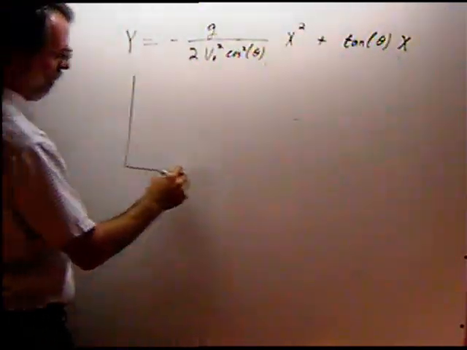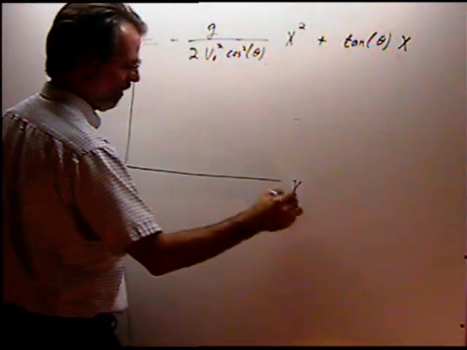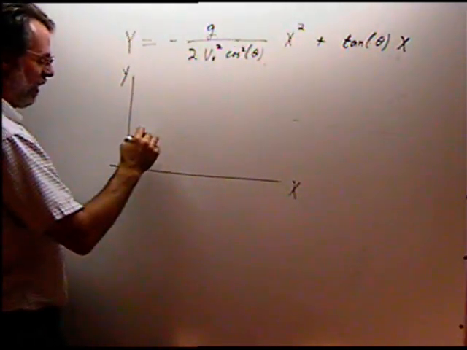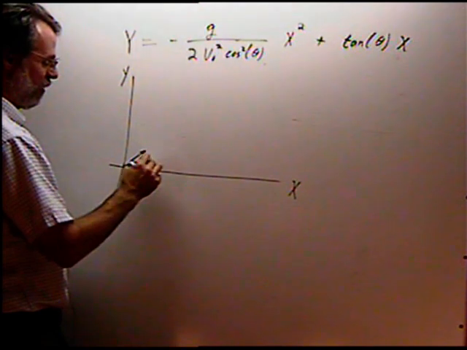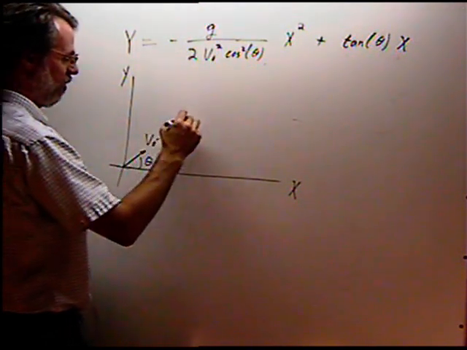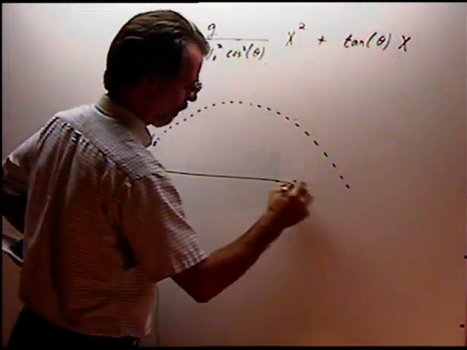If we start at the origin, this is x, and this is y, and we shoot an initial projectile at a certain angle with a certain velocity, we know that this is projectile motion.